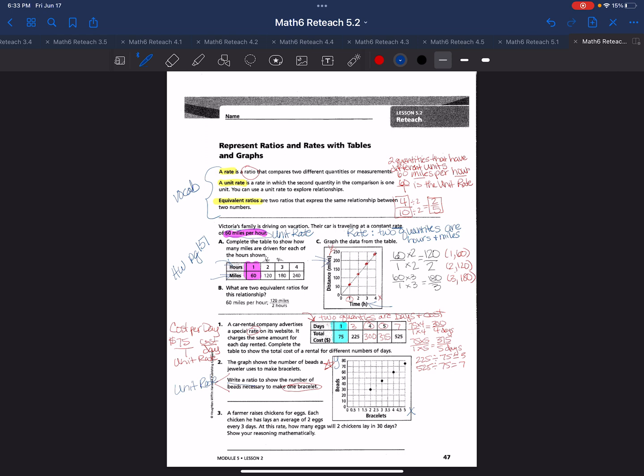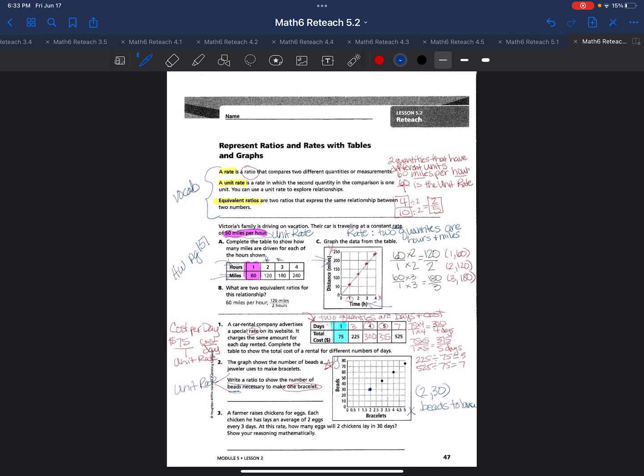So this first point on the graph here is 2, 30, because that's your X and your Y. Now I can also write that as a ratio because it is saying write a ratio of beads to bracelet.